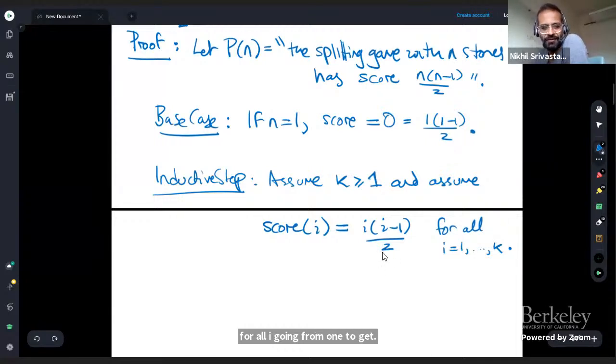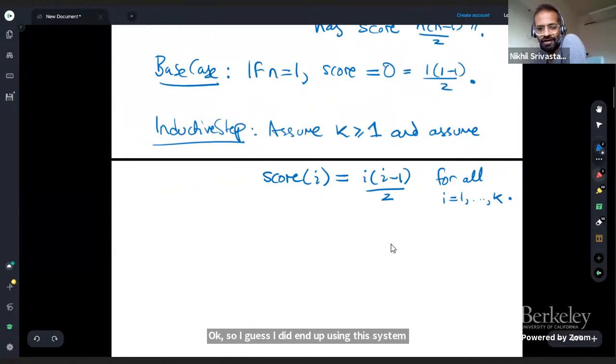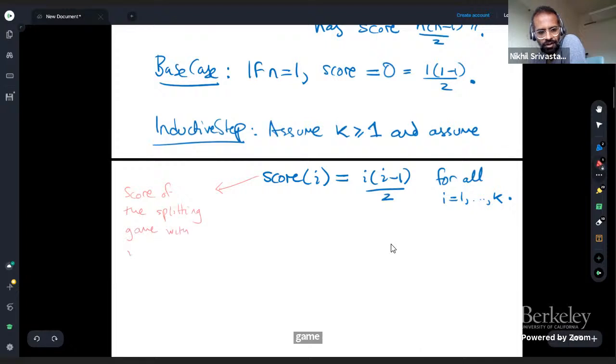Okay, so I guess I did end up using this notation, score of i. This is the score of the splitting game with i stones.